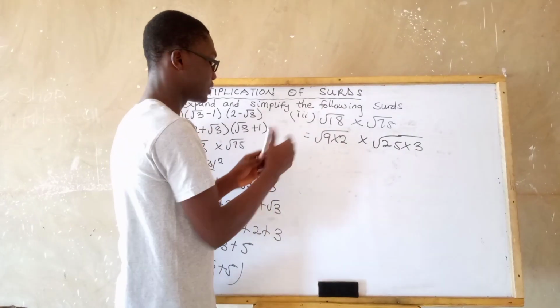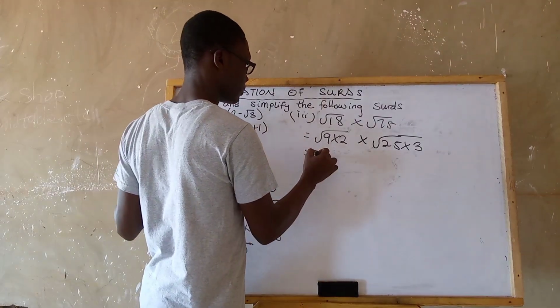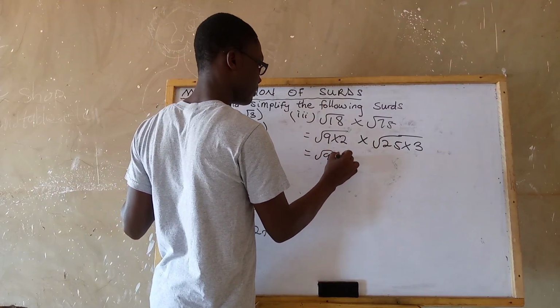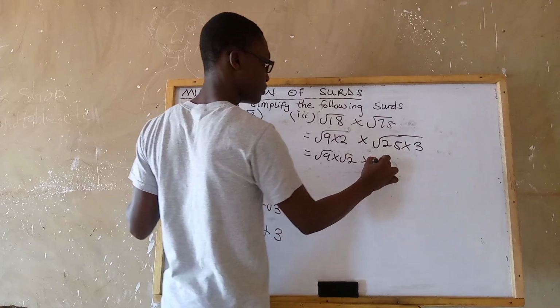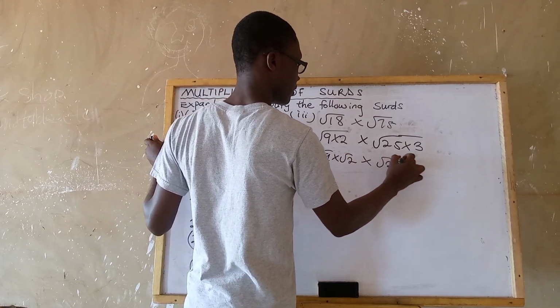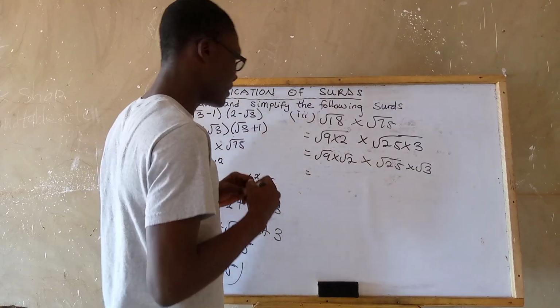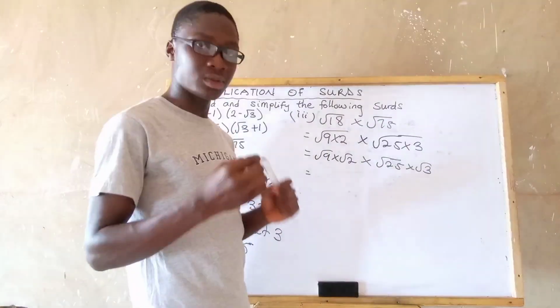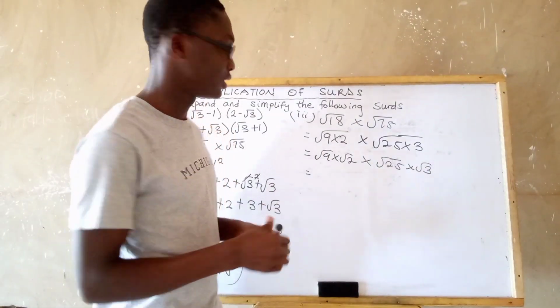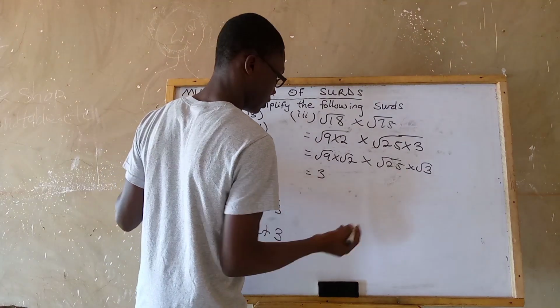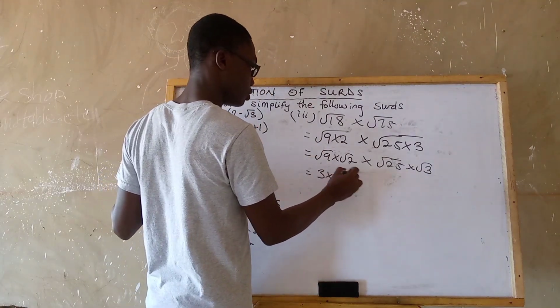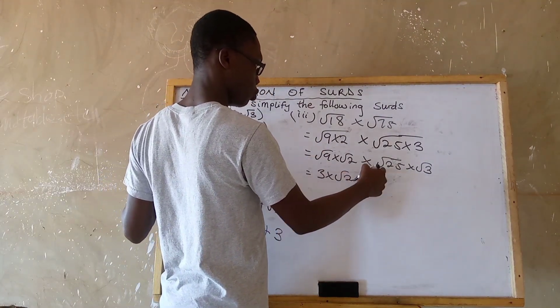So we can separate the roots to give us root of 9 times root of 2 times root of 25 times root of 3. So now root of 9 means, what number multiplies itself to give us 9? The number is 3 because 3 times 3 gives us 9, times root 2, times root of 25.